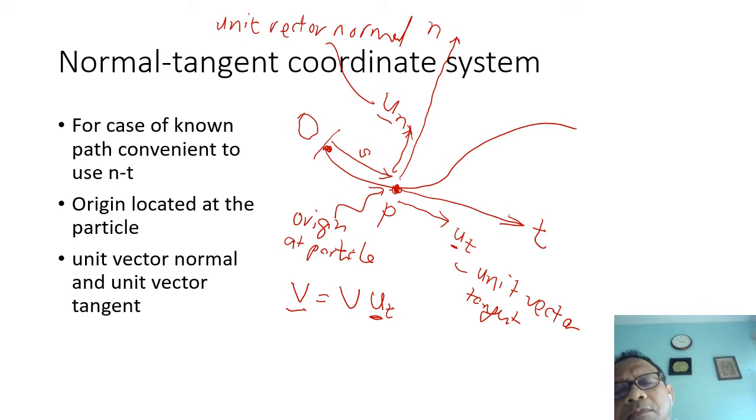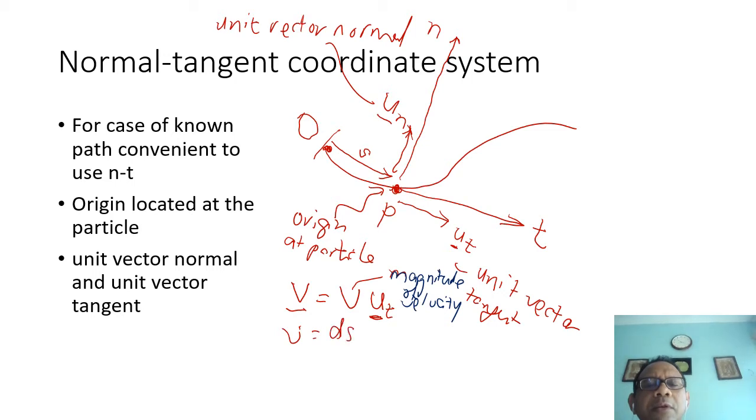Like this is the magnitude of velocity. And the scalar V is equal to ds over dt.